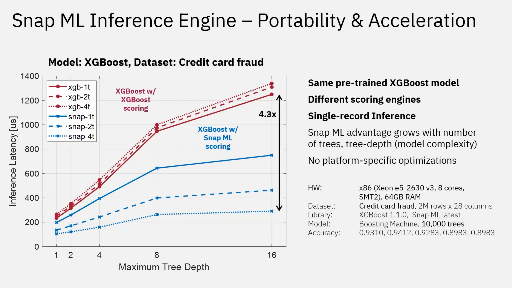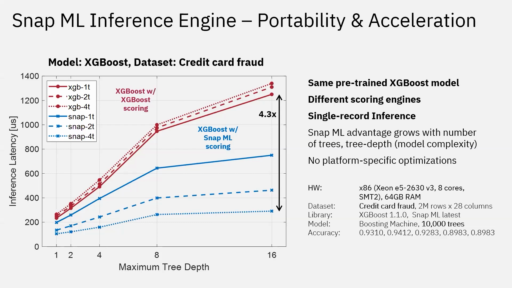Whereas if we import that pre-trained XGBoost model into SnapML, even with one thread, we have a significant speed up over the XGBoost scoring engine. And then as we add 2 or 4 threads, that speed up continues to grow. So in the maximum case, at depth 16, we have a speed up of around 4x. And you'll notice here that the speed up is growing with the complexity of the model.